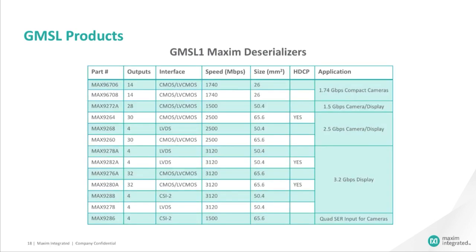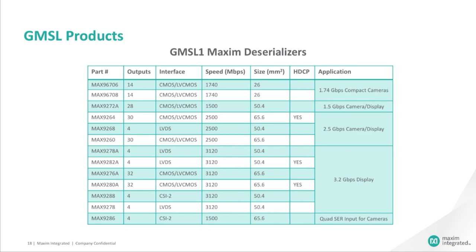Although each serializer has an accompanying deserializer, any GMSL1 serializer is compatible with any other GMSL1 deserializer. Since each product has a different combination of features, each datasheet should outline the settings required to interface to any other GMSL1 device. This table represents all GMSL1 deserializers that allow the use of both shielded twisted pair or coaxial cabling and are AEC-Q100 qualified.